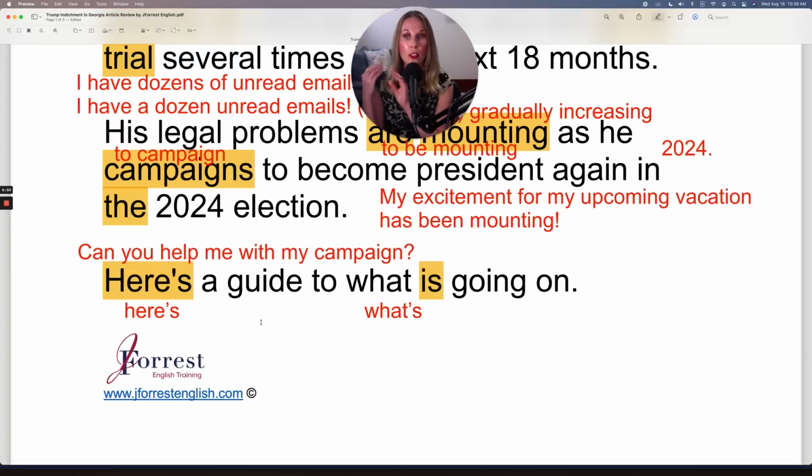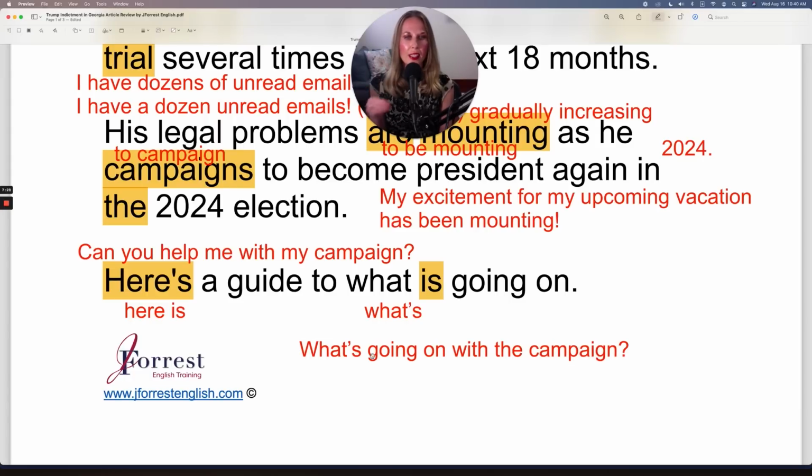And if you decide to use contractions, it's best practice that you don't change between one contraction and one no contraction. It's better to keep your style consistent. This is the contraction. Here's a guide to what's going on. Now, what's going on? This is a question that you can commonly ask in many different situations. What's going on with the campaign?